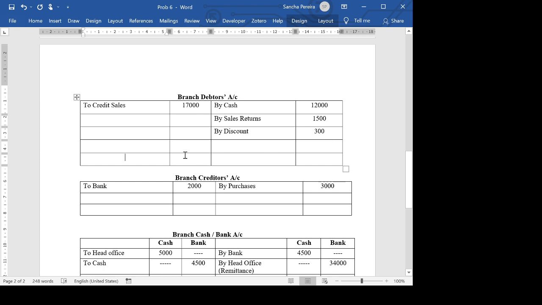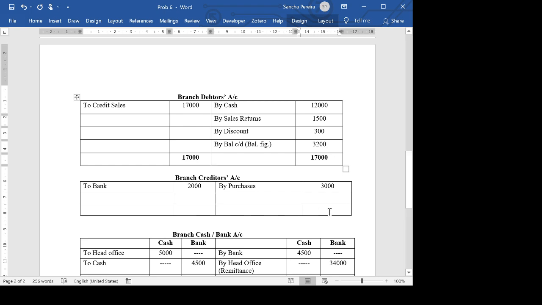Here we have a total of 17,000 by balance carried down, which is the balancing figure, the whole reason we have prepared this account. 17,000 minus 14,000 would be 3,000.